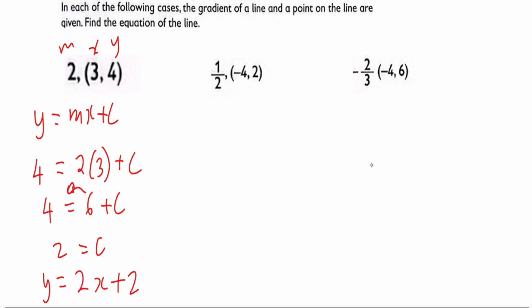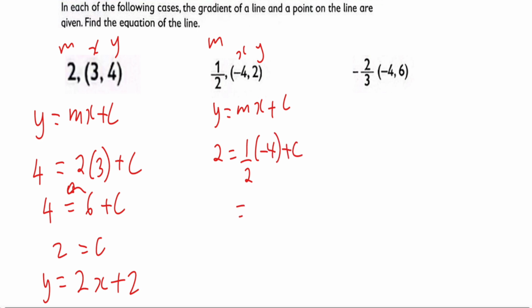Let's try this one out. Obviously, again, y equal to mx plus c. This is x, this is y, this is m. This is 2 equal to m, which is a half, times your x, which is times -4 plus c, which you don't know. So a half times -4 is -2 plus c. This is 2. So this one, if you put this the other side, becomes 2 plus 2, which is just 4.